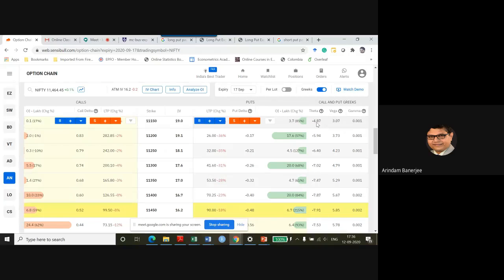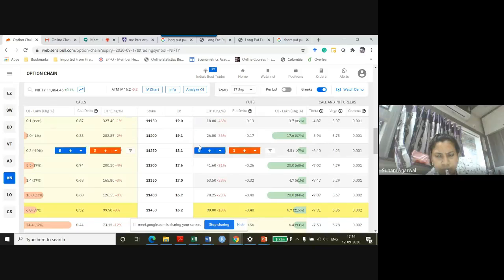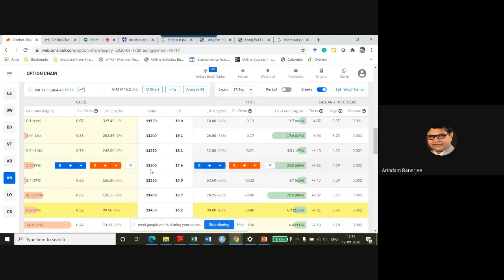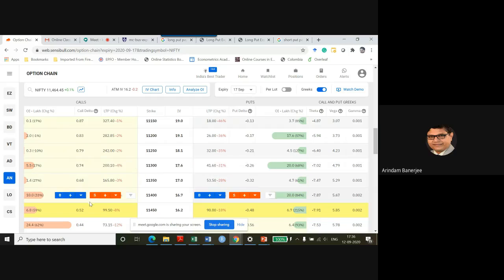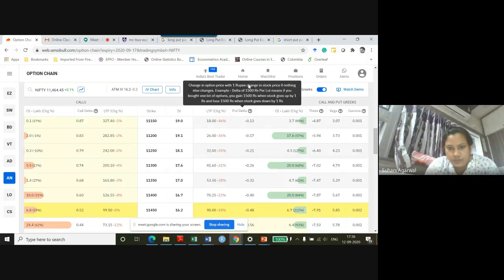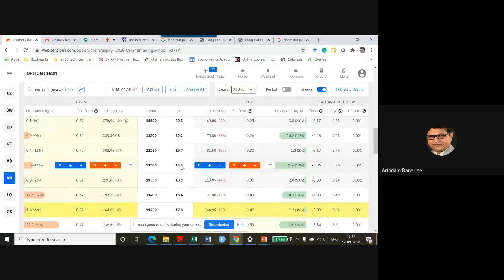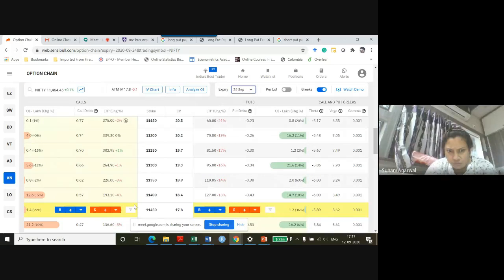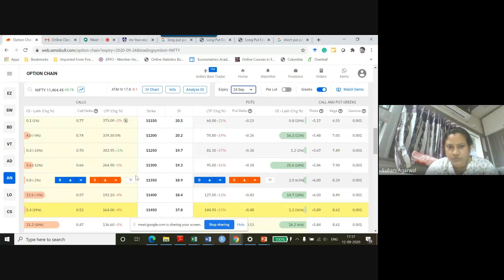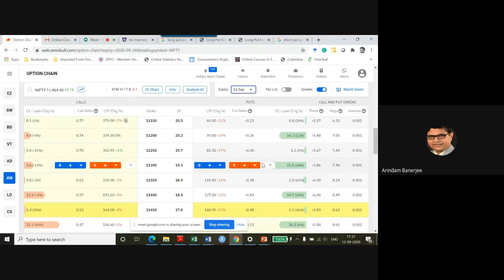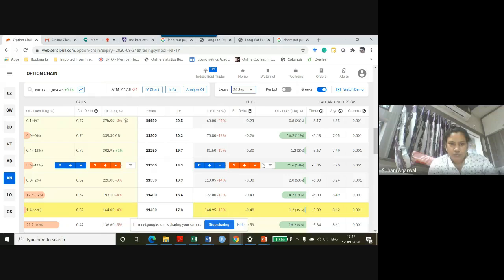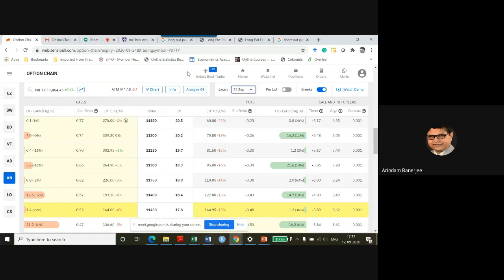For example, the 11,300 call premium is 200 for 17th September, with everything else the same. For 24th September expiry, the 11,300 premium is 264. The longer the time to expiration, the higher the value of the call.